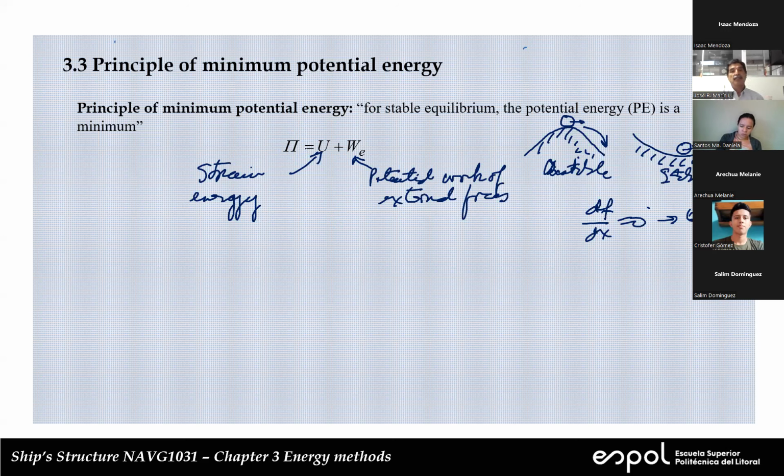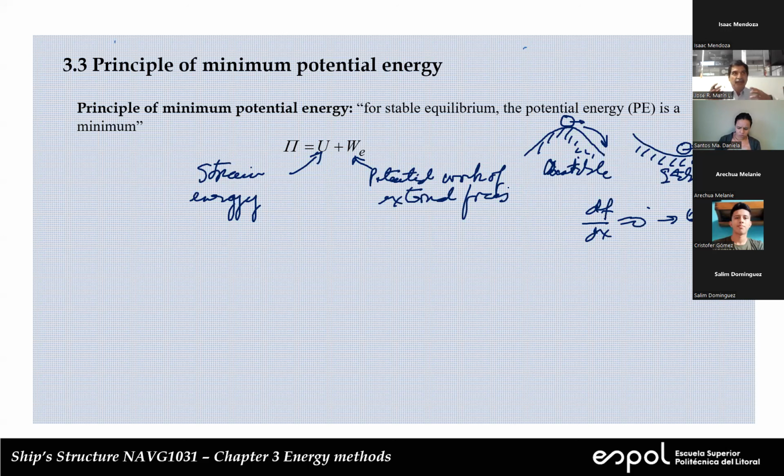Now, if we can approximate the potential energy, we're going to call it PE. This is the capital letter pi. We're going to differentiate, right? But the problem is that when we apply these concepts in calculus, we have one single variable, right? But in our case, the shape that the beam takes when you apply a load could be different, right?